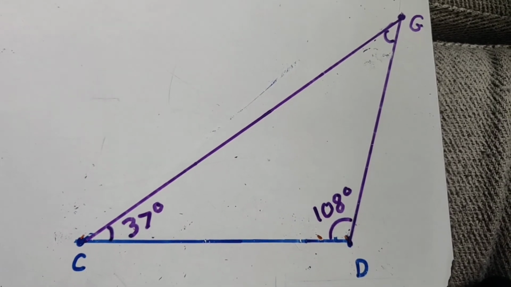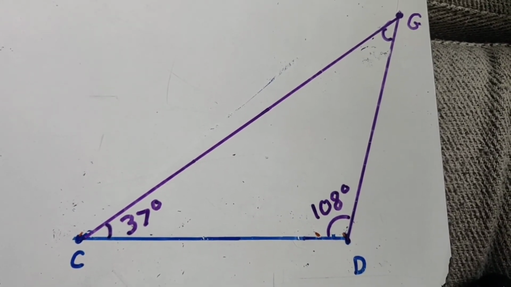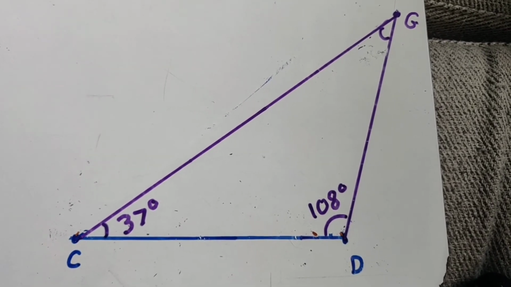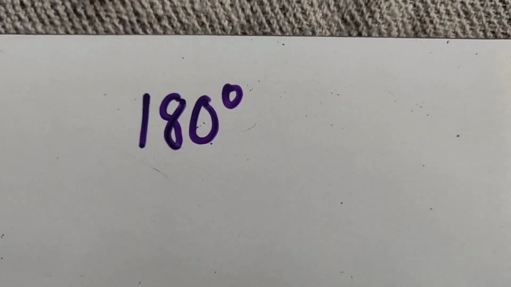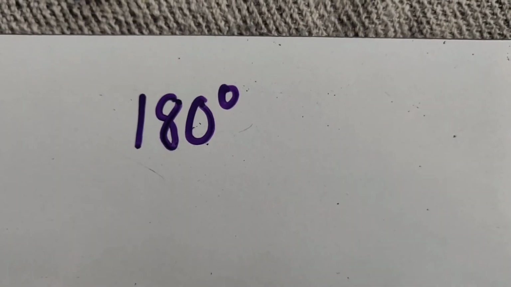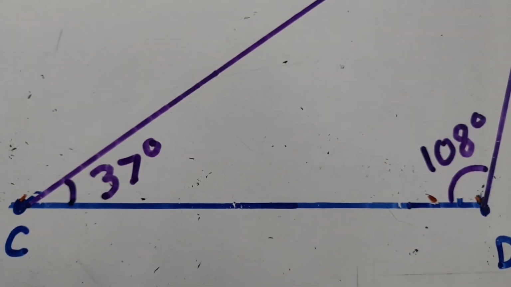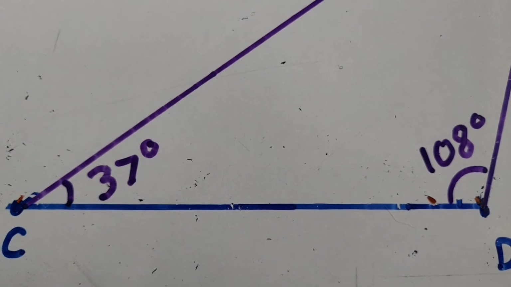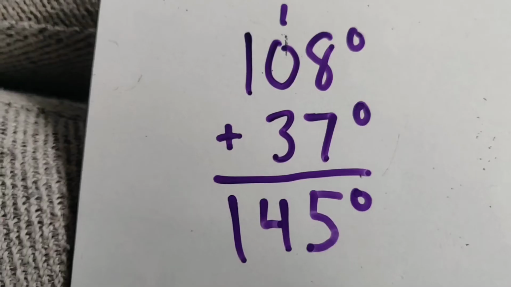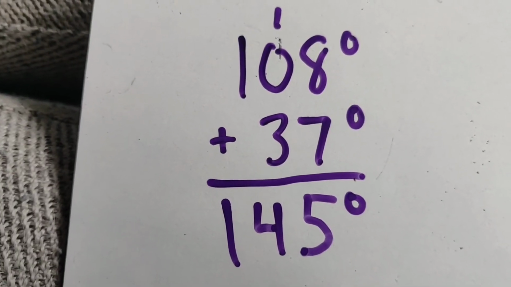Well, we know the three angles in the whole triangle add up to 180 degrees. So I'm going to write that 180 degrees there. And we know that we already have two angles adding up to a total of 145 degrees.